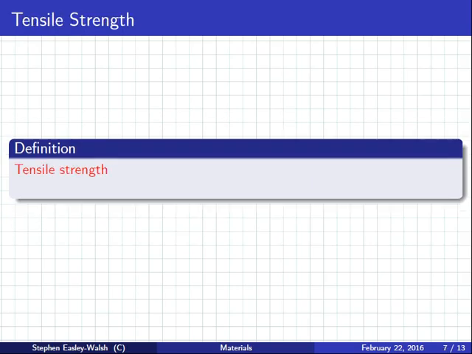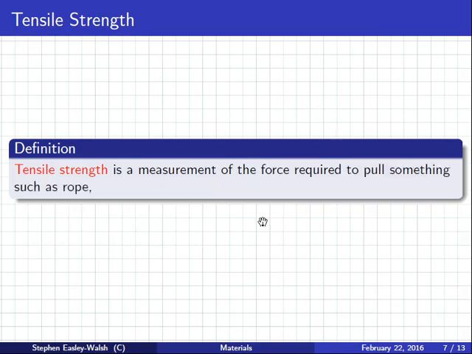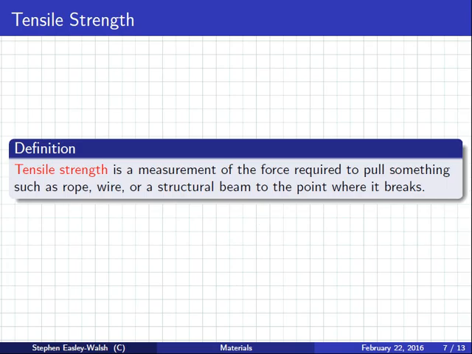More vocabulary. Tensile strength is a measurement of the force required to pull something such as a rope, a wire, or a structural beam to the point where it breaks. In other words, it is how much force you need to break something.